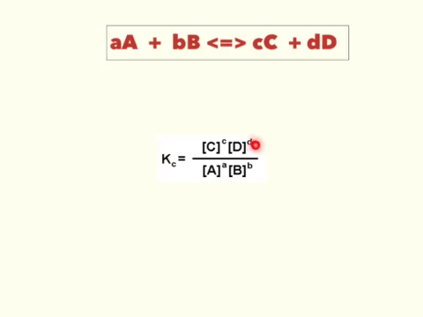The concentrations of C and D ultimately will decrease as they form more reactant. And so the value for K stays the same. There's only one thing that's going to change the value of the equilibrium constant, and that is temperature.